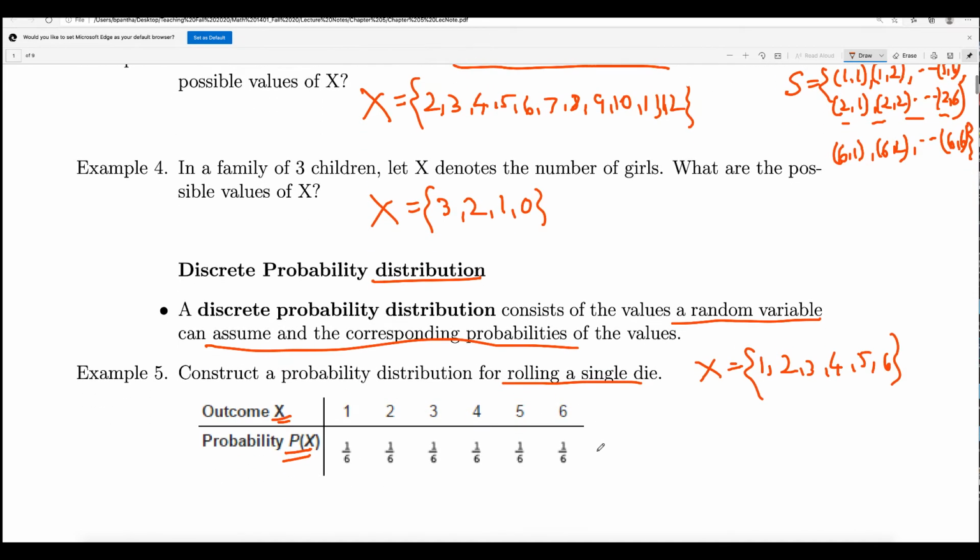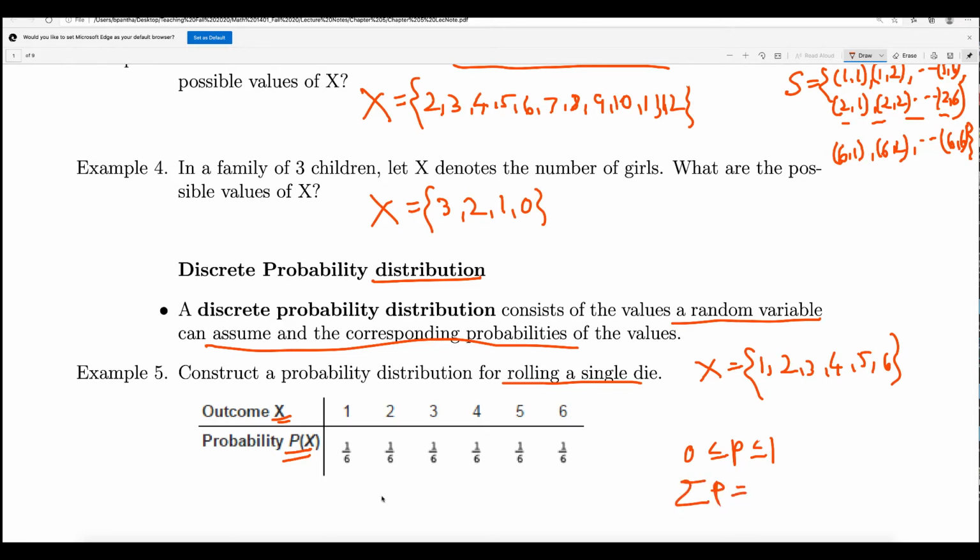And you see that all these probabilities are between 0 and 1, right? All these probabilities are less than 1, and all these probabilities are greater than 0. If one of these is less than 0, then we don't call it a probability distribution. Also, what is the sum of the probabilities there?